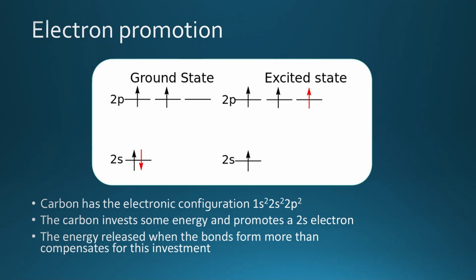So how does it look in electron excitation? Okay, for example, this is our carbon, 1s2 2s2 2p2. This is our normal state, or what we call the ground state.